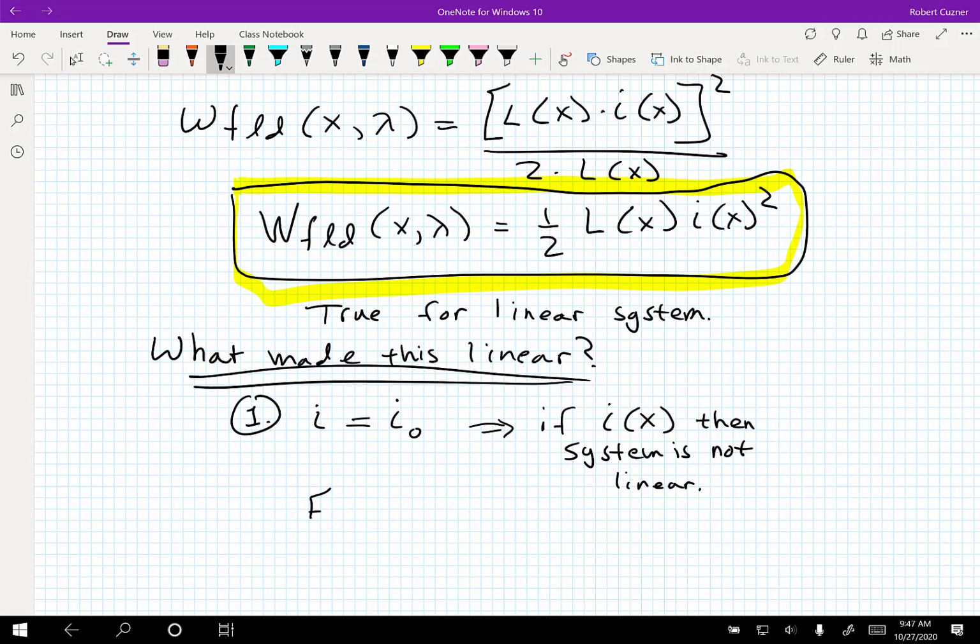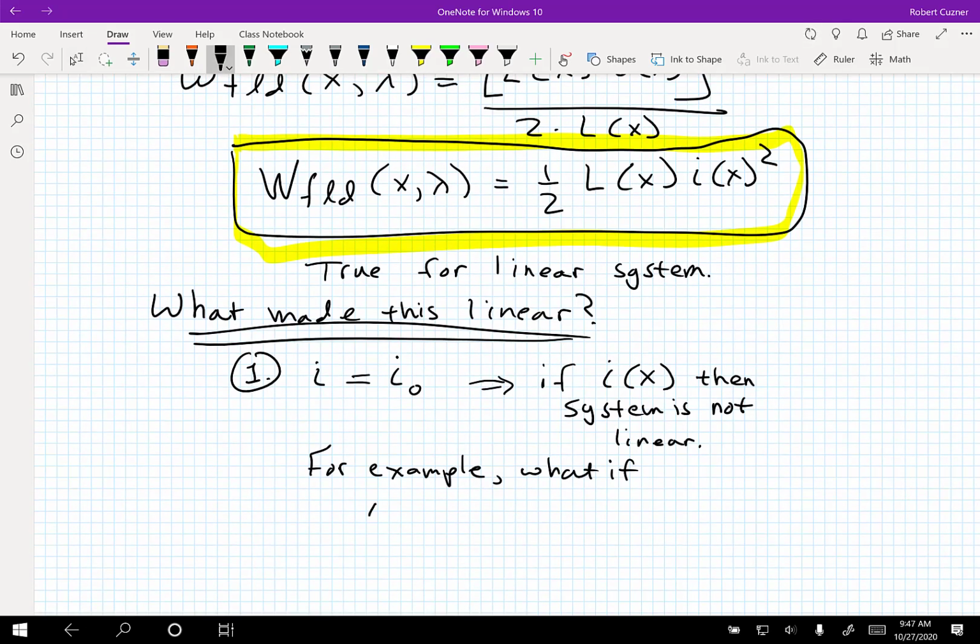For example, what if I of x, so we were saying up here, I'm going to make it really clear, I of x is equal to the same value everywhere.